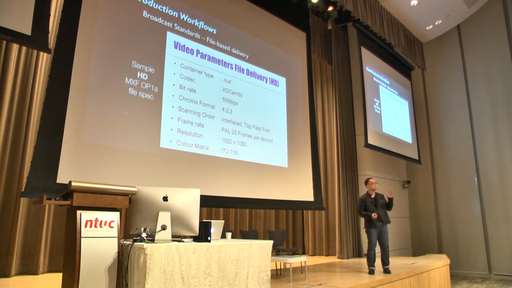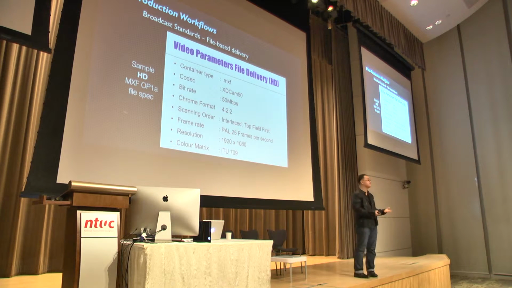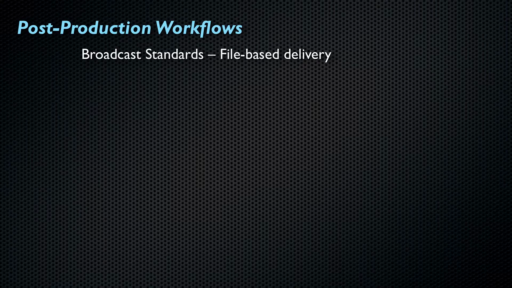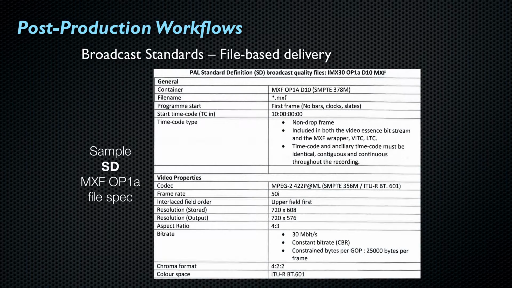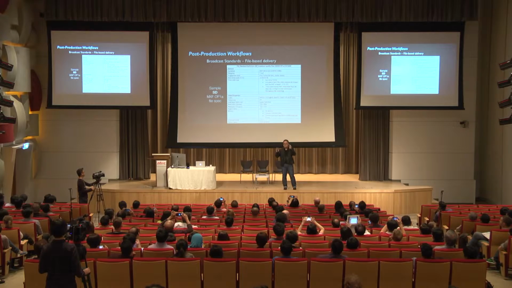Now, not every single MXF OP1A will be XDCAM 50. If you were to deliver SD for, this is also MediaCorp, by the way, if you were to deliver SD for MediaCorp, it will be MXF OP1A, but using this thing called the IMX30 format. So what's IMX30? IMX is a different codec. So remember, the two things are separated. You have the container called the MXF.